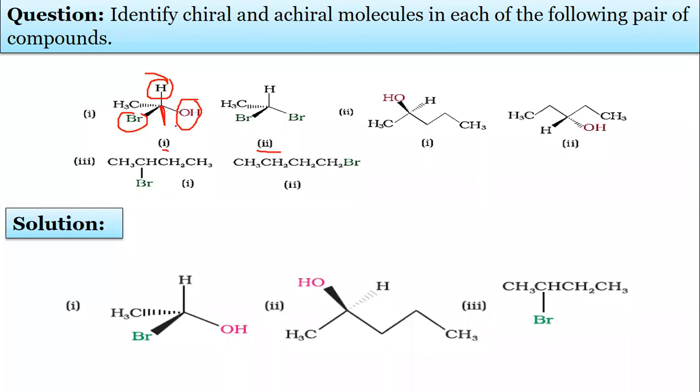So this one is chiral, and the second one is also chiral. This is the first example, the first compound, and this is the second, again 1 and 2.